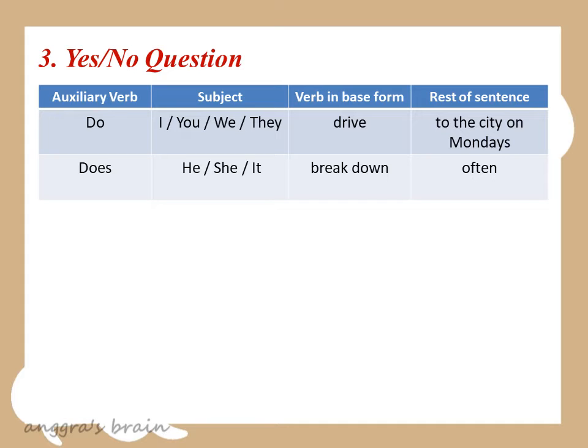If the subject is I, you, we, they, the auxiliary verb is do. If the subject is he, she, it, the auxiliary verb is does. And the verb is in base form. I have some examples for you.